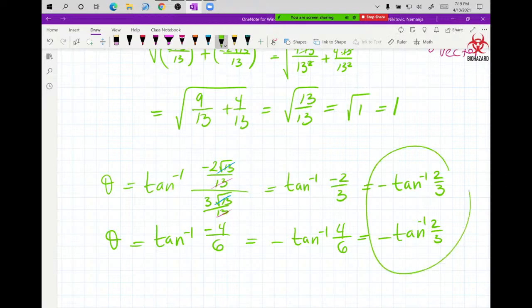And you see they're the same. So the unit vector has the same direction as the original vector, but it has the magnitude of 1, where the original vector does not have magnitude of 1 because it's not a unit vector.